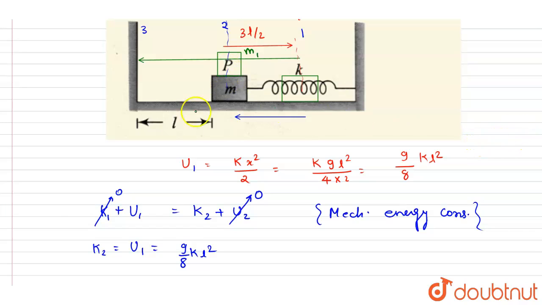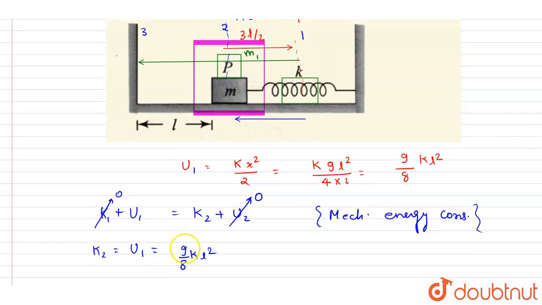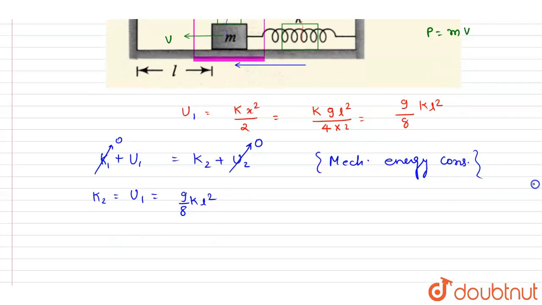What will happen? The momentum of this system will remain conserved. Whatever momentum it was having, it will remain the same. Let's say it was moving with velocity v, then the momentum before keeping the m1 mass was mv, and this momentum will remain conserved.